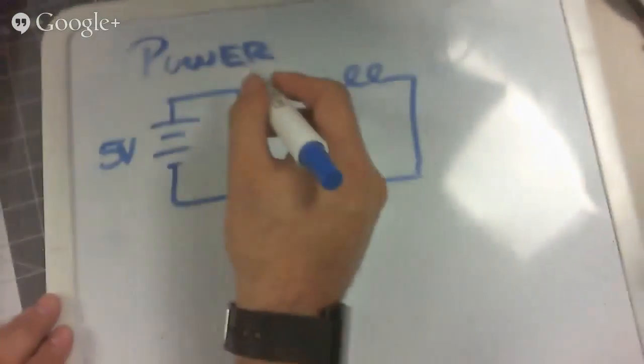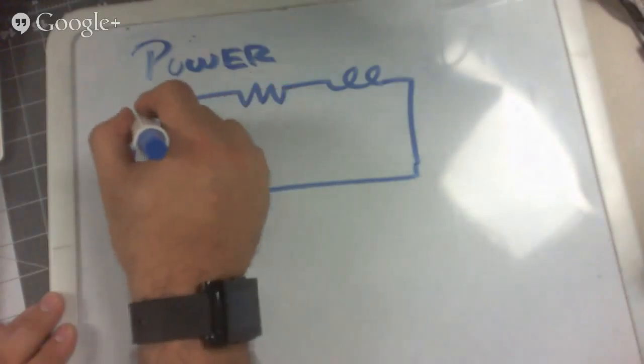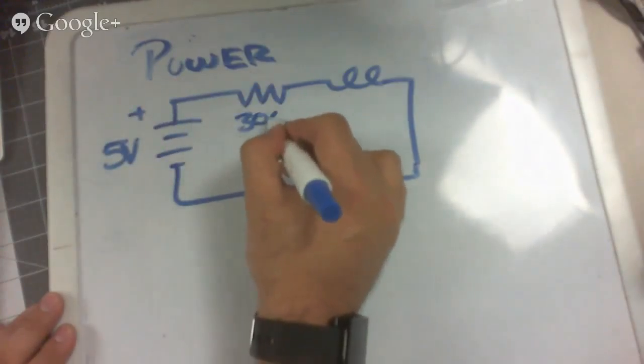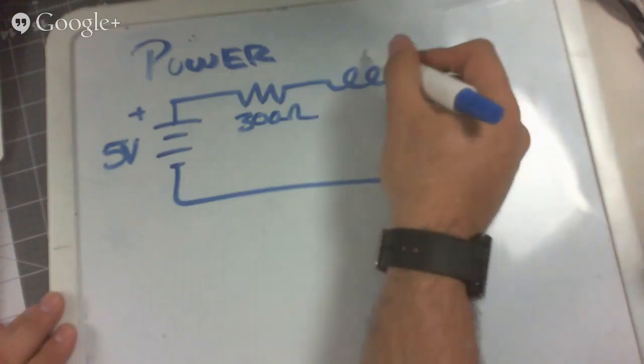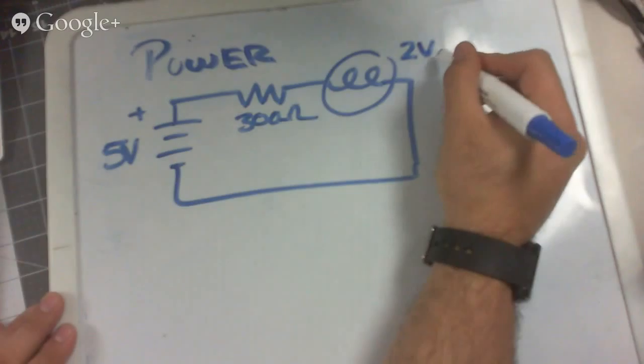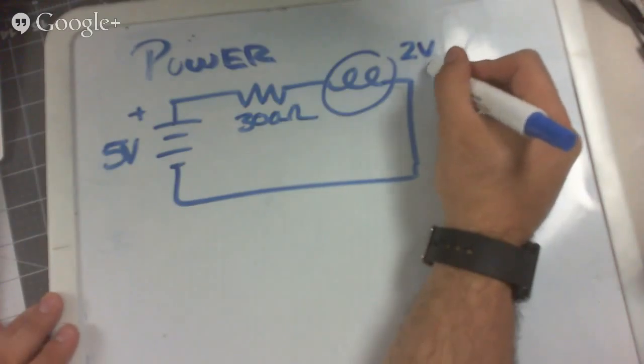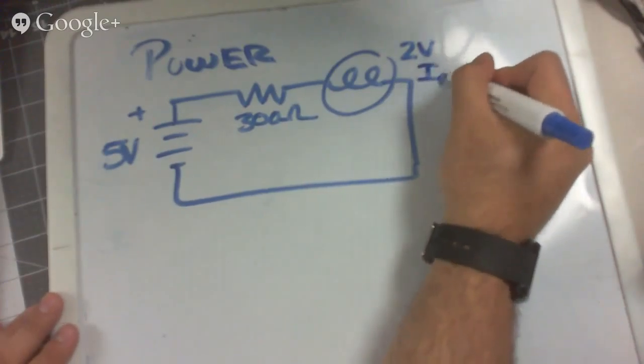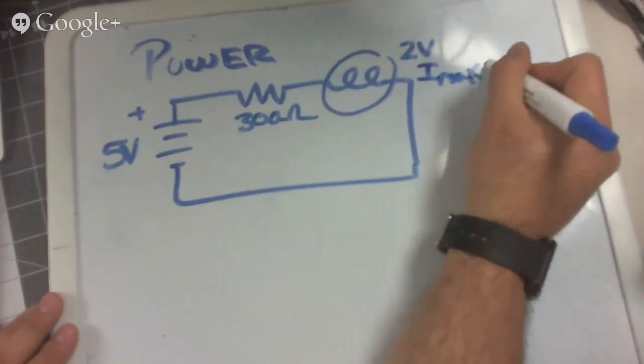We thought we knew everything about this circuit, this resistor that we needed. It was 300 ohms. This was a 2-volt light bulb that was going to have an I max, current max, of, what did we say, 10 milliamps?